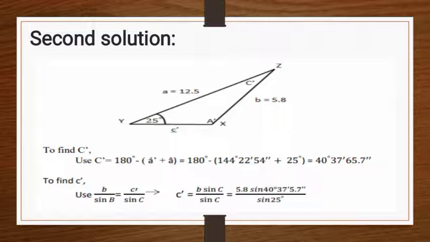To find side C, use B over sine B equals C over sine C, so C equals B sine C over sine B. So 5.8 is the value of B, sine of angle C, which is 40 degrees 37 minutes and 5.7 seconds, divided by sine 25 degrees.